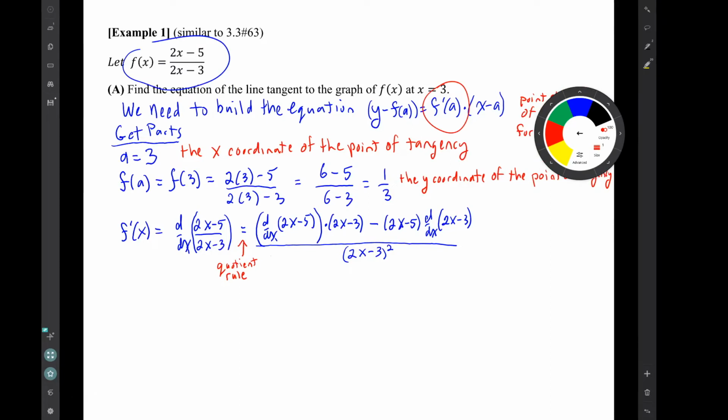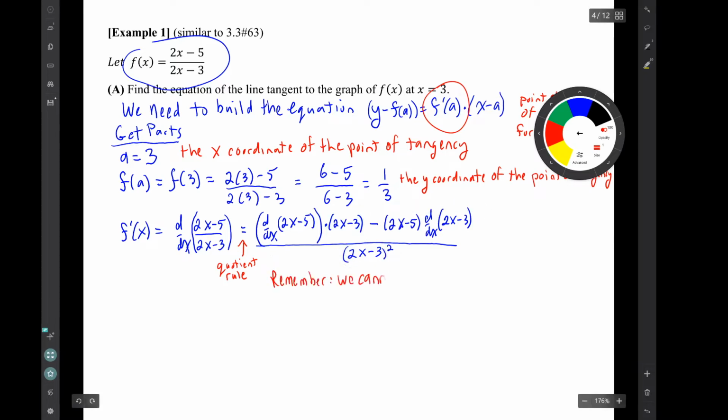Also, it's worth reminding ourselves that we should not make the tempting mistake. It's tempting to cancel 2x minus 3 and 2x minus 3, but you can't cancel because there is no 2x minus 3 in this part of the numerator. So 2x minus 3 is not a common factor in the whole numerator, so we cannot cancel the 2x minus 3.